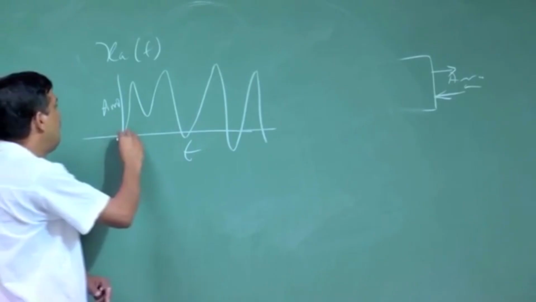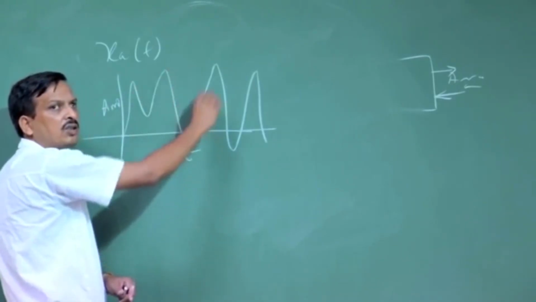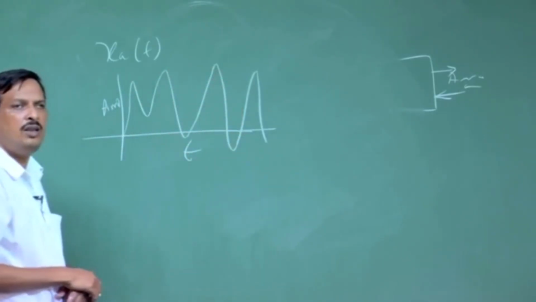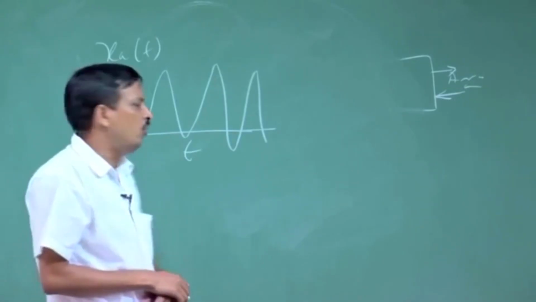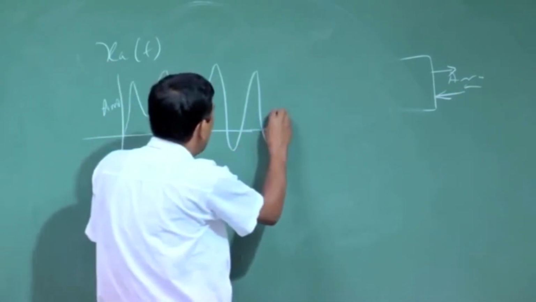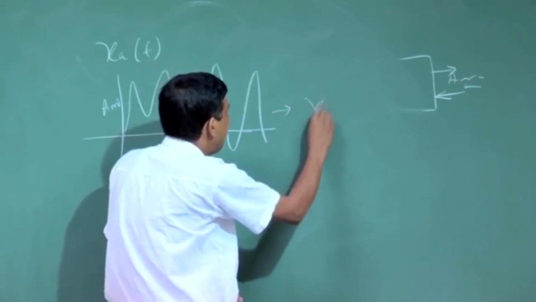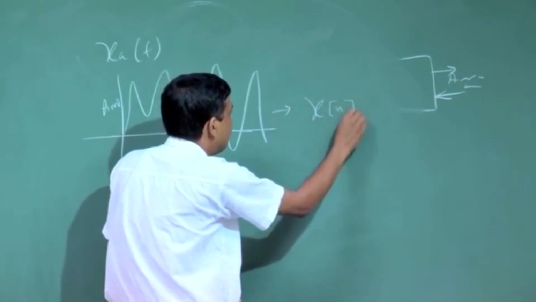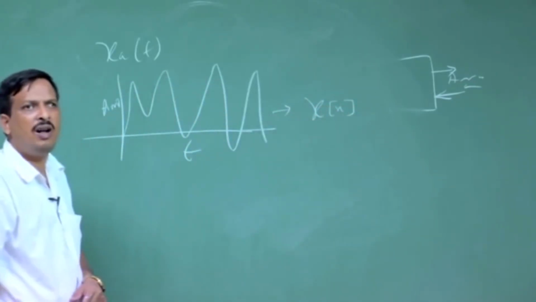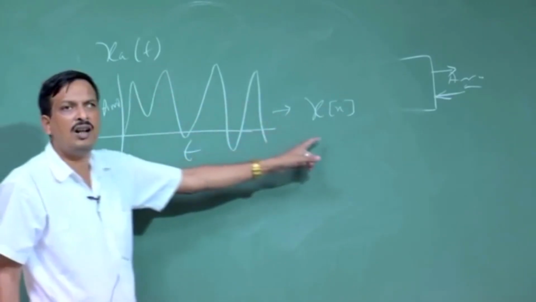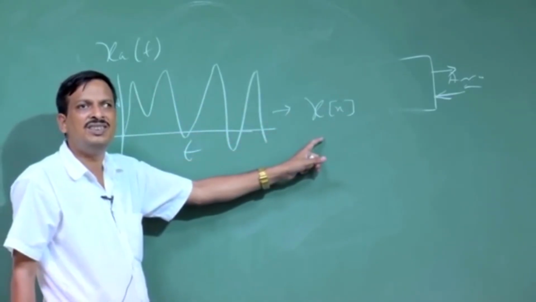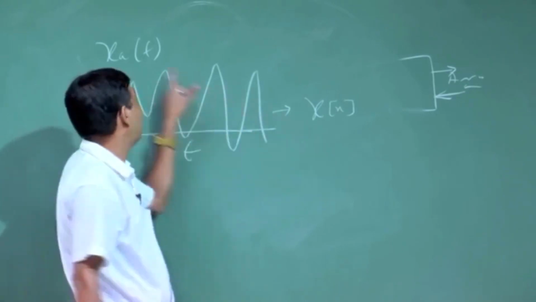The analog signal is continuous. Now, I want to convert this signal to a digital signal, which is x(n). I convert the same signal to a digital signal x(n) instead of x(t).